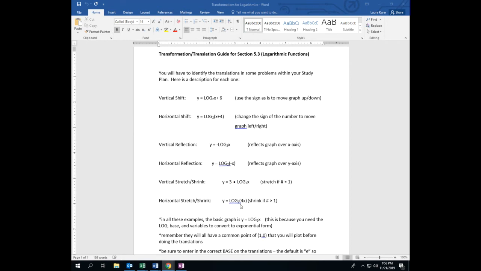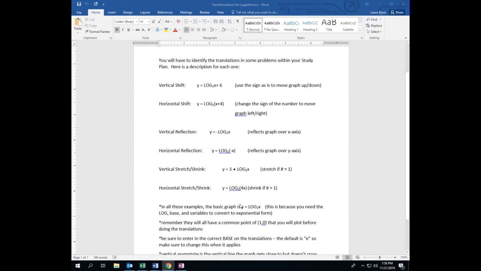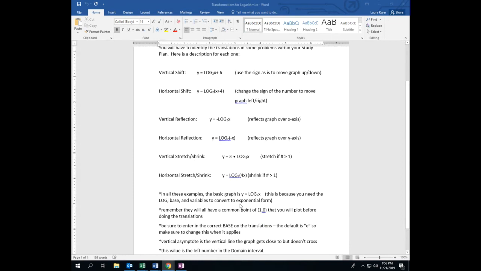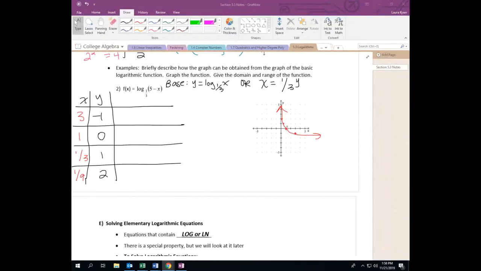So we're going to start with the next example having a log base 1/3, I think, which I did the base graph of already so that you could see it. We'll do the translations based on this picture. I changed this to, first of all, y equals log base 1/3 of x as the base.